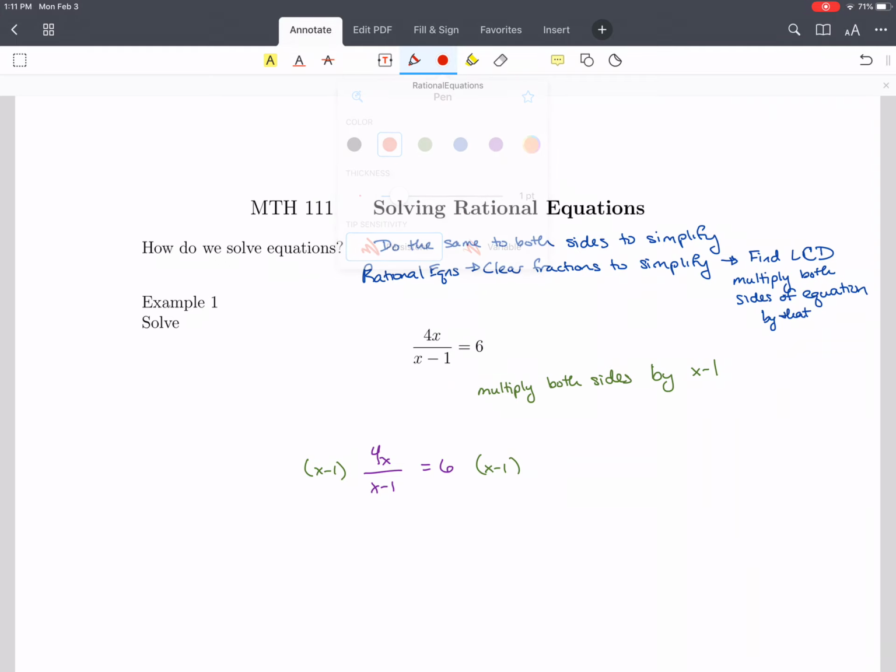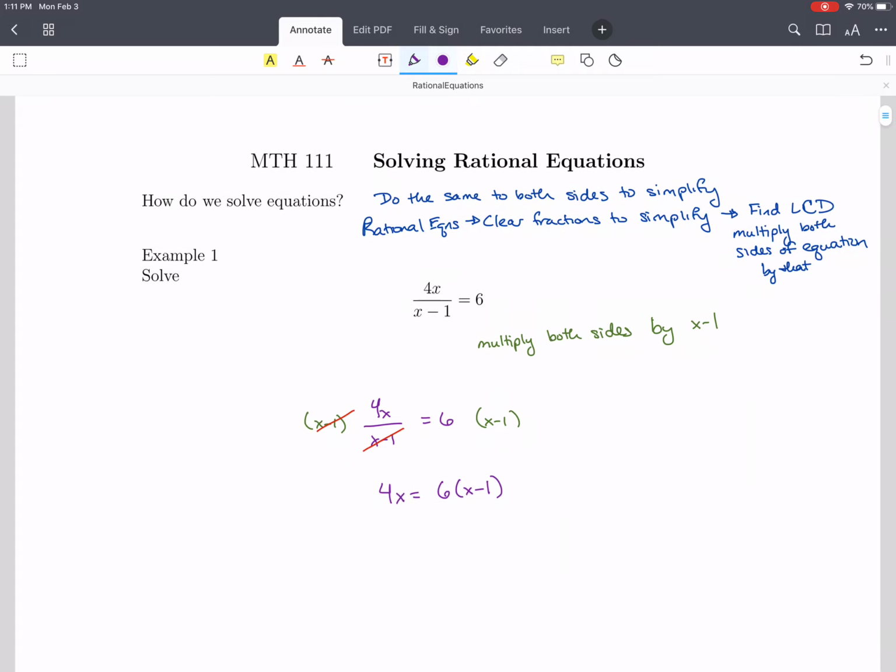Then on the left side, x minus 1 divided by x minus 1 cancels. I'm left with 4x. On the right side, I get 6 times x minus 1, and I have to remember I'm multiplying the whole side by x minus 1, so I'll have to distribute if need be.